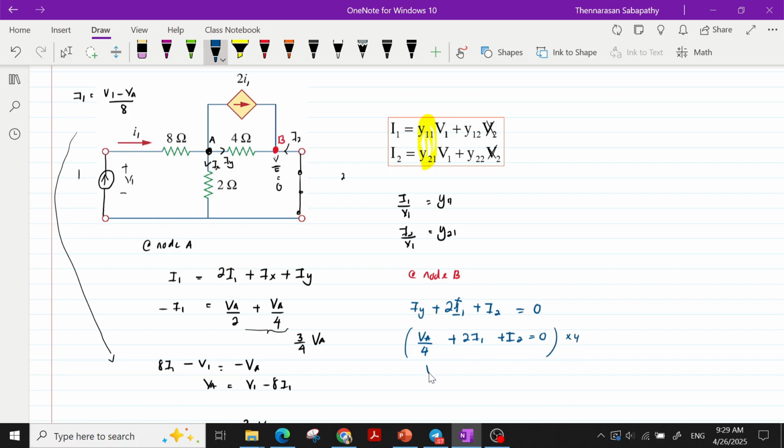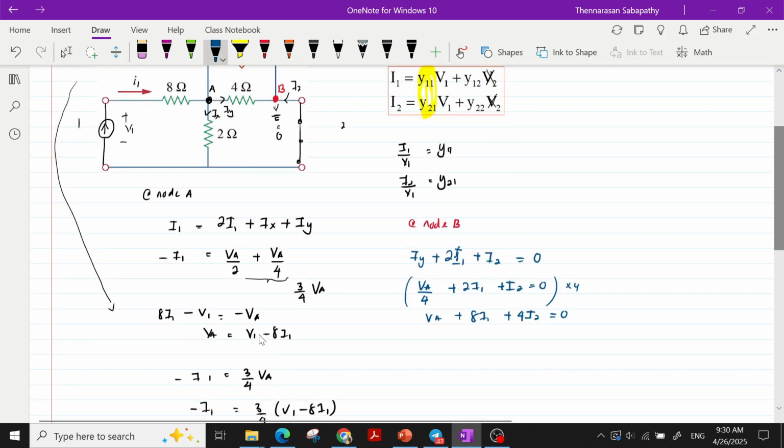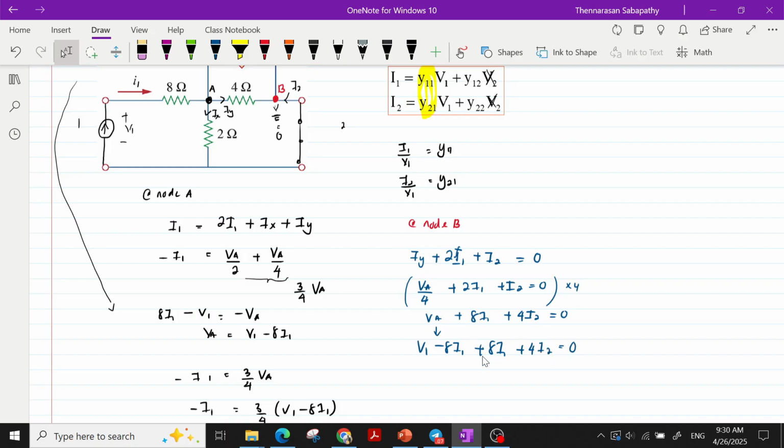So VA plus 8I1 plus 4I2 equals 0. Now I substitute the VA. VA is V1 minus 8I1, I already substitute here. Then just follow the previous equation, 8I1, 4I2 equals 0. And you can see that I can cancel the I1, negative 8I1 plus 8I1, left with V1 plus 4I2 equals 0.